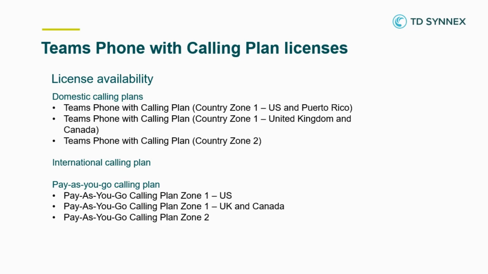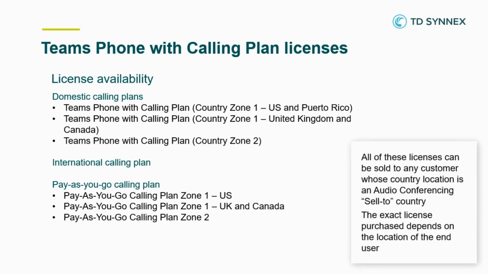The calling plans fall into 3 categories, with the ability to have a plan that includes just domestic calls, one that includes domestic and international calls, and finally there is also a pay-as-you-go option. All of these licenses can be sold to any customer whose country location is an audio conferencing sell-to country, and then the exact license purchased will depend on the location of the end user.